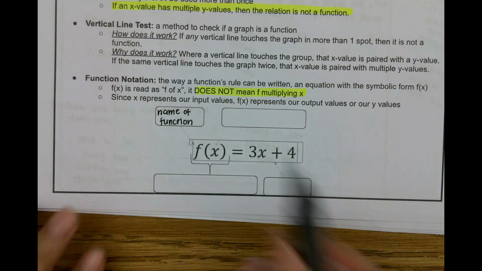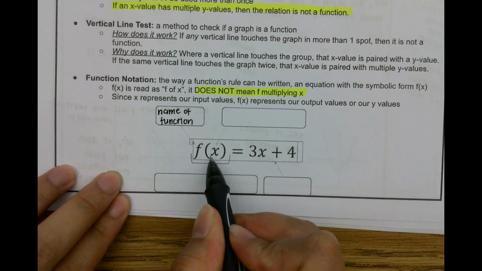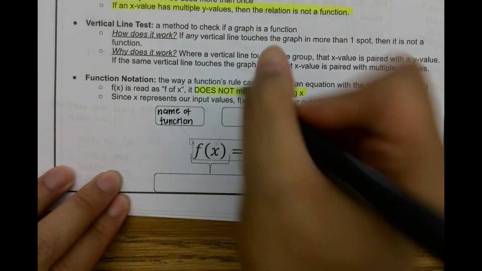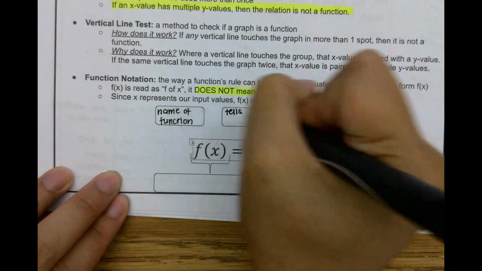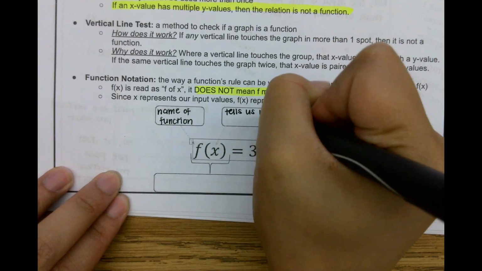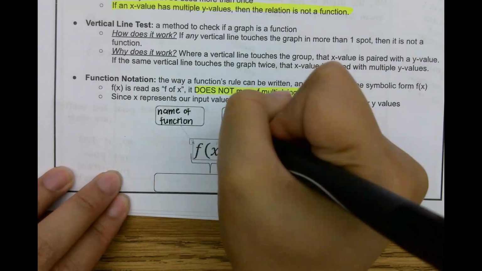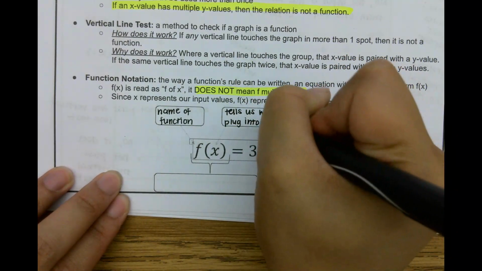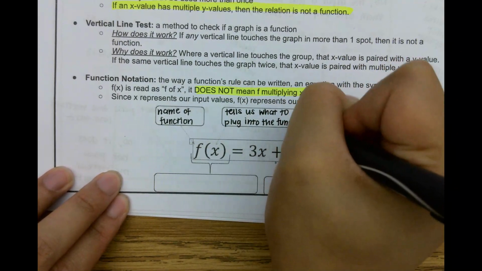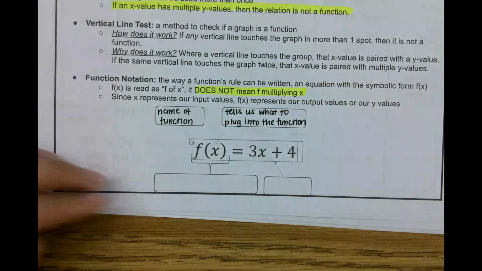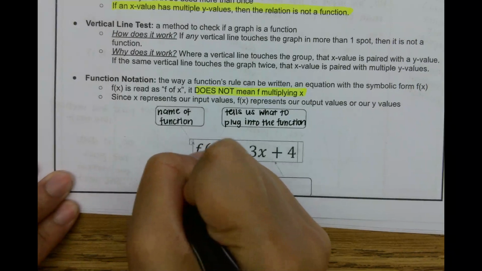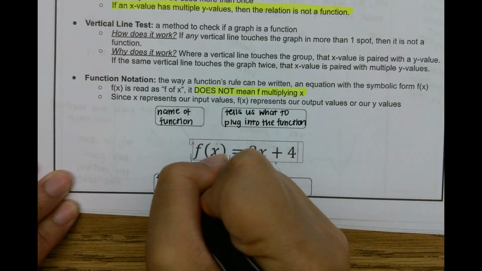After the name of the function, this tells us what to plug into the function. This whole thing, what it ends up equaling, is the output.